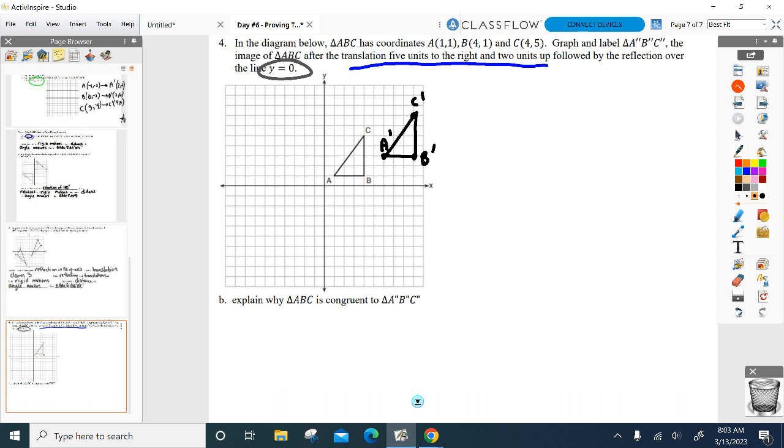Everyone have it translated before we do the next part? Followed by a reflection over y equals 0.